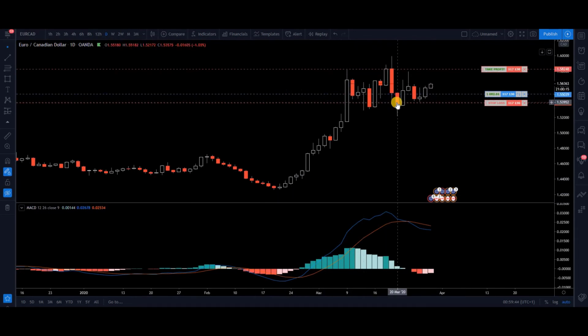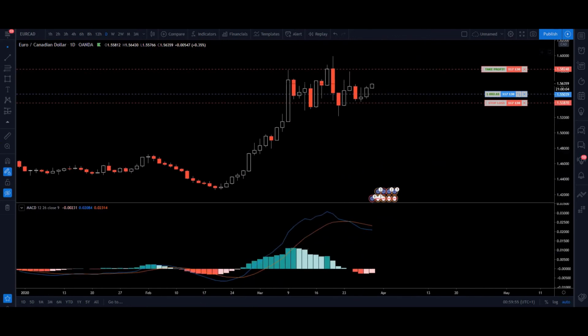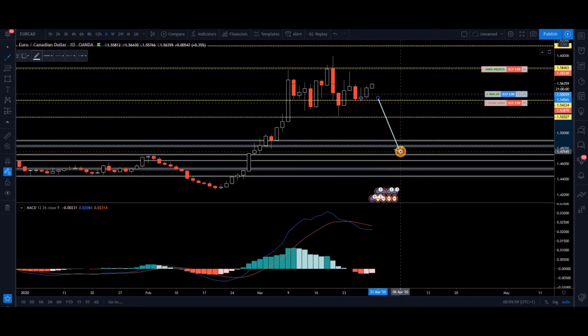So this correction here has to come to its fruition at some point, and either that's going to head down, or price is going to head up.